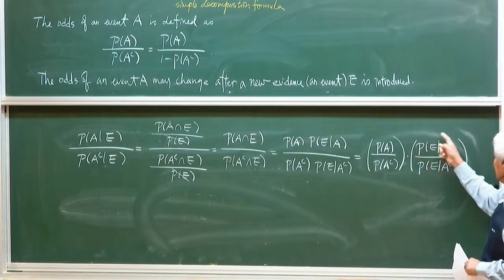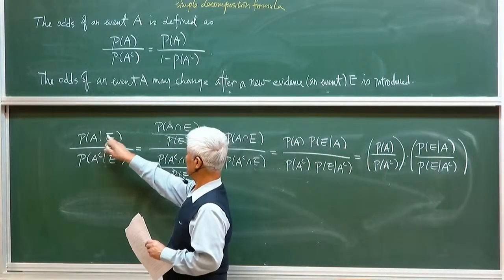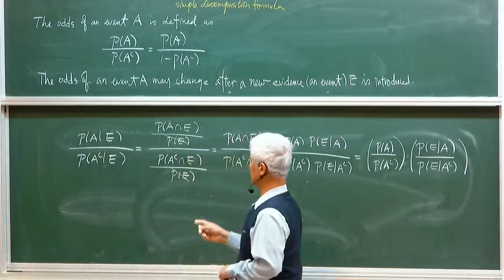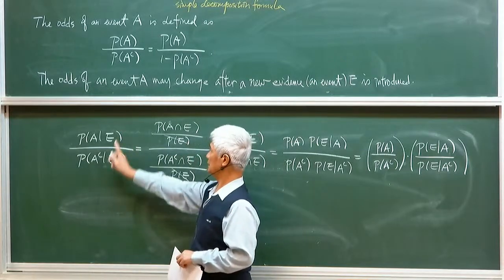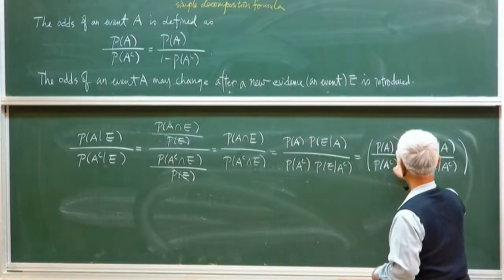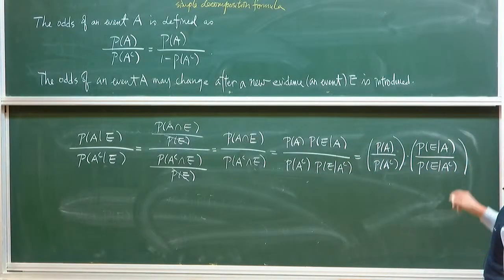So you can see that after the new evidence is introduced, the odds increase, meaning this one is more than the original odds, if and only if this ratio is greater than 1.